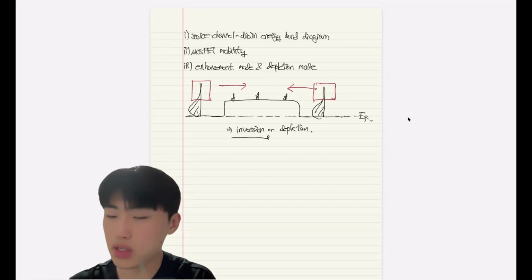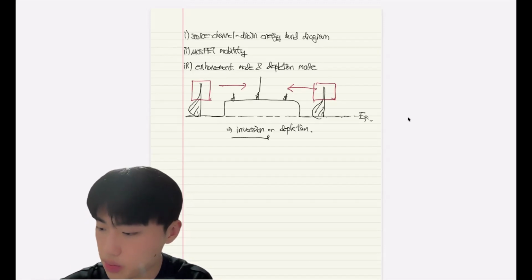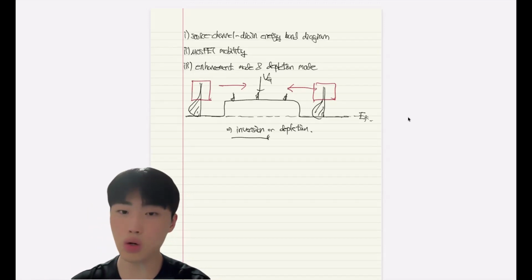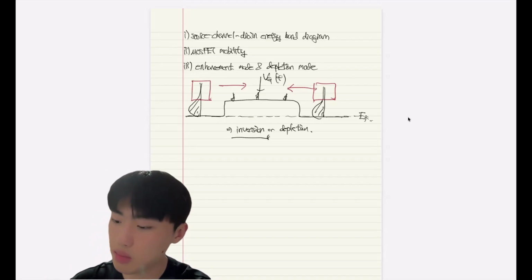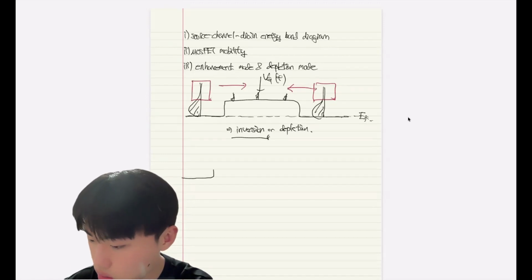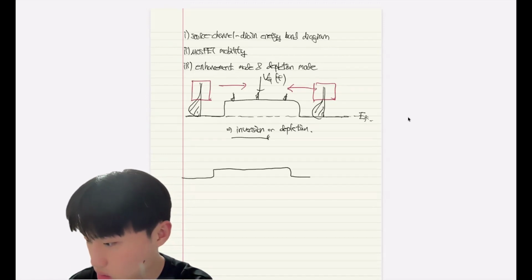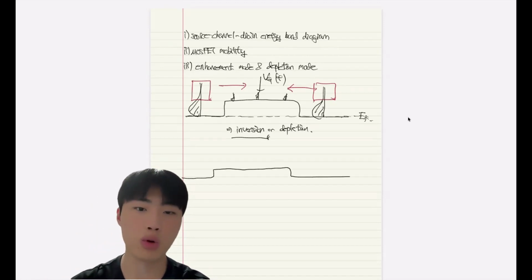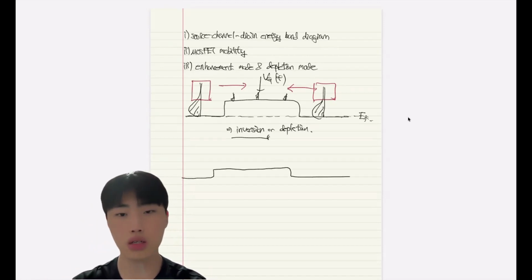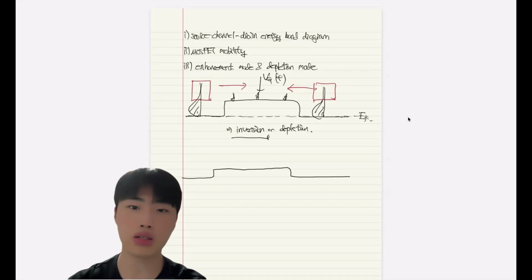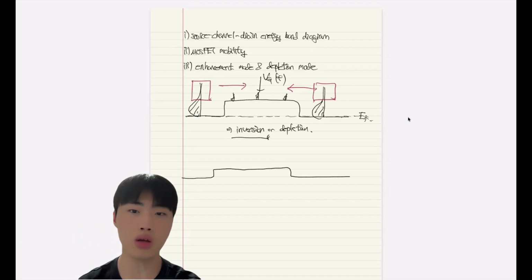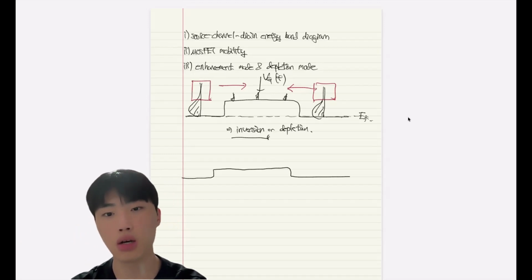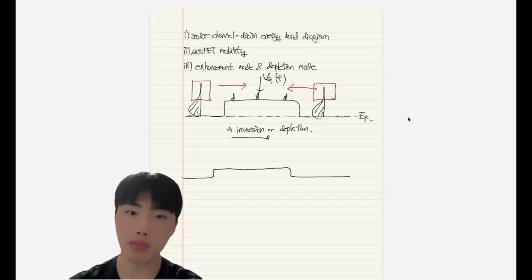If we have some gate bias, VG, let's have some positive bias on the gate. The channel's barrier goes lower, because when we have some positive bias, the energy band diagram goes lower, and when we have some negative bias, the energy band diagram goes up.